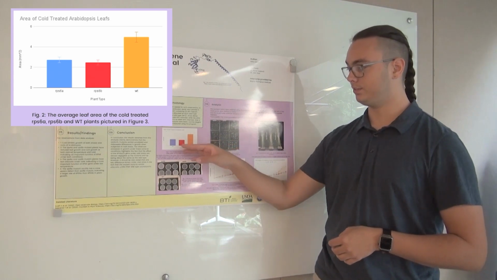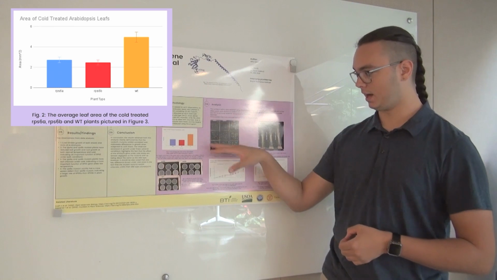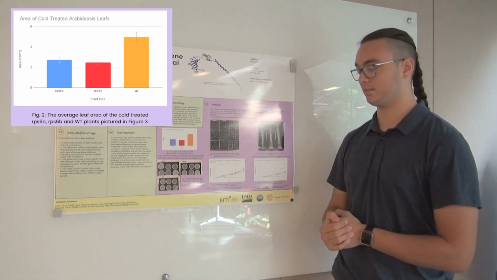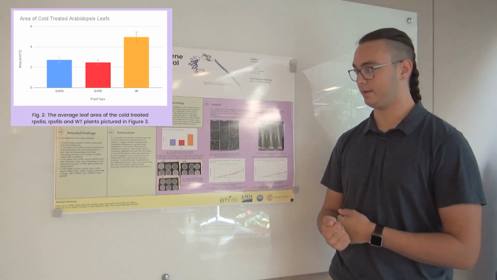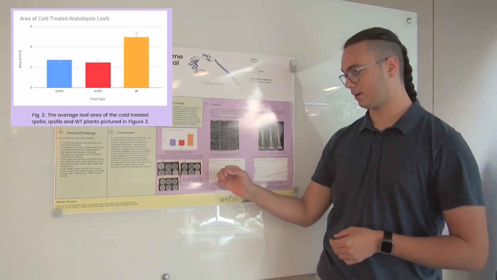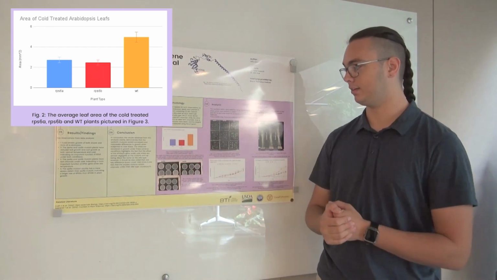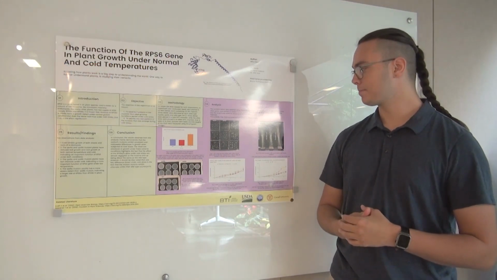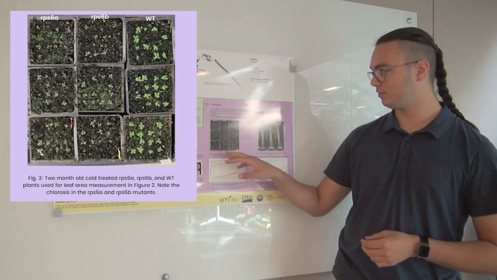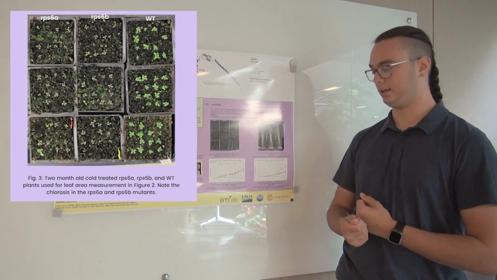And then you can see also, whether it is because of just this specific sample or because of error in measurement, but I don't think that's what happened, it broke the pattern observed throughout the rest of the experiment where it goes B, A, wild type, and I find that quite interesting. There's also a noticeable amount of chlorosis going on in the mutants, which is not expressed in the wild type at this point, even under cold stress.